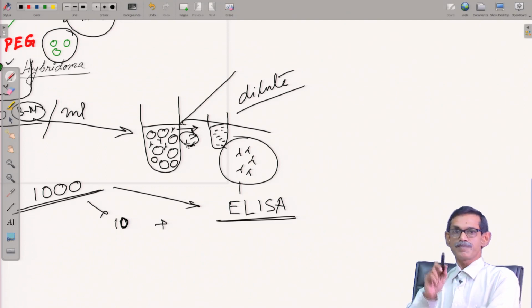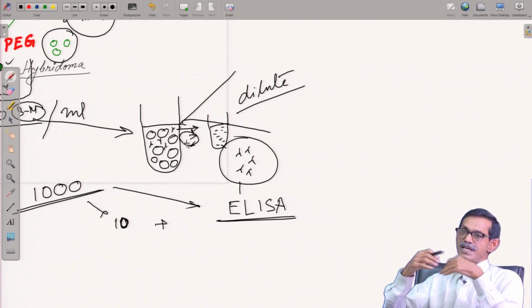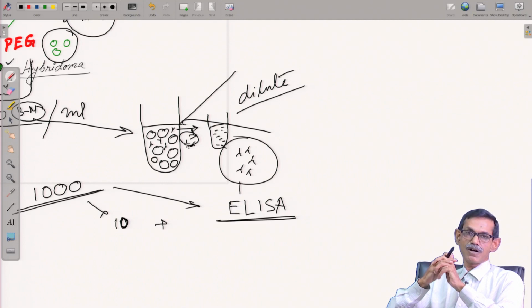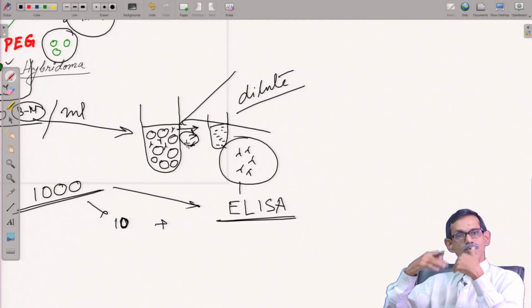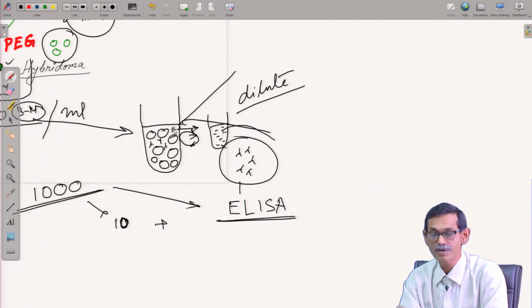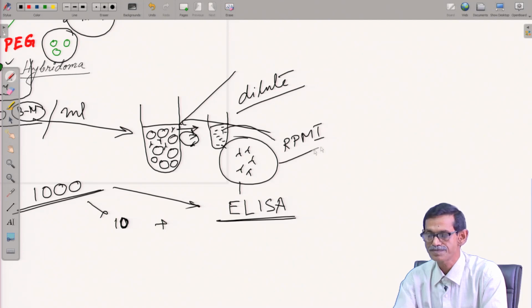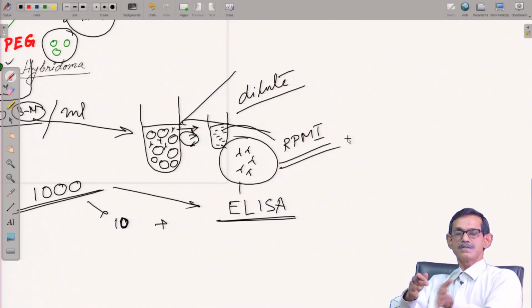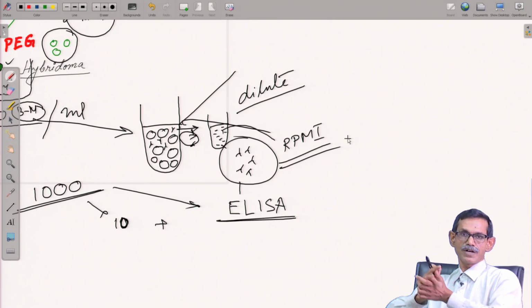The advantage is, once it is ready, it will live lifelong, and as many cycles as you want, whenever you want, you again grow this cell. We are growing them in RPMI medium. So, whenever I need, I will culture them and increase the volume.